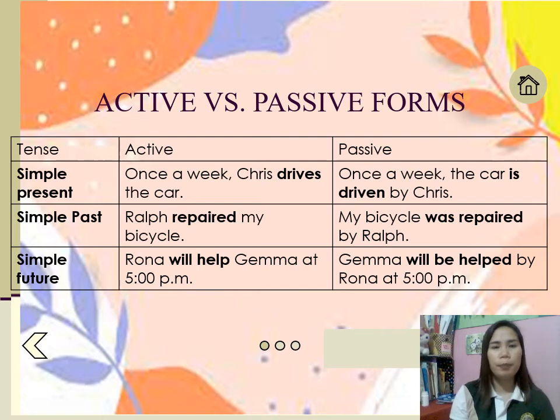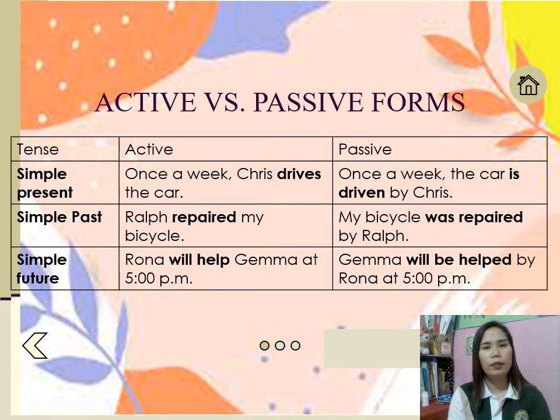In simple past, you have to use was if your subject is singular, and add the past participle of the verb. When your subject is plural, just use were plus past participle. In simple future, we're using will, or shall, or going to be. So will plus be plus the past participle of the verb.